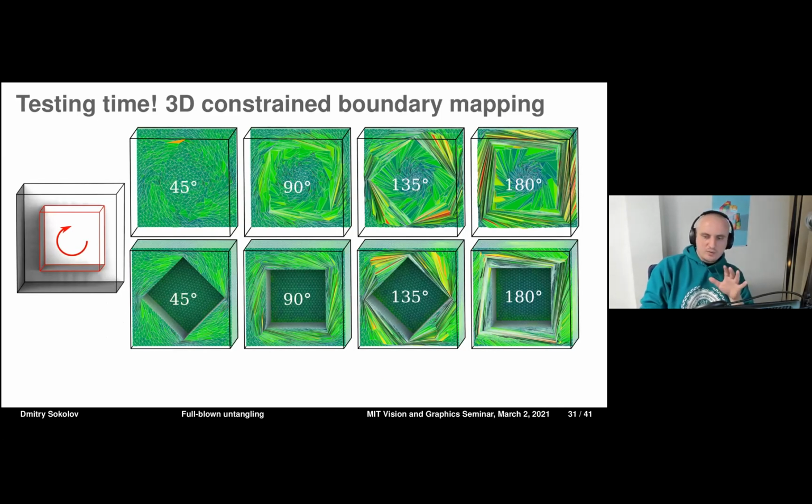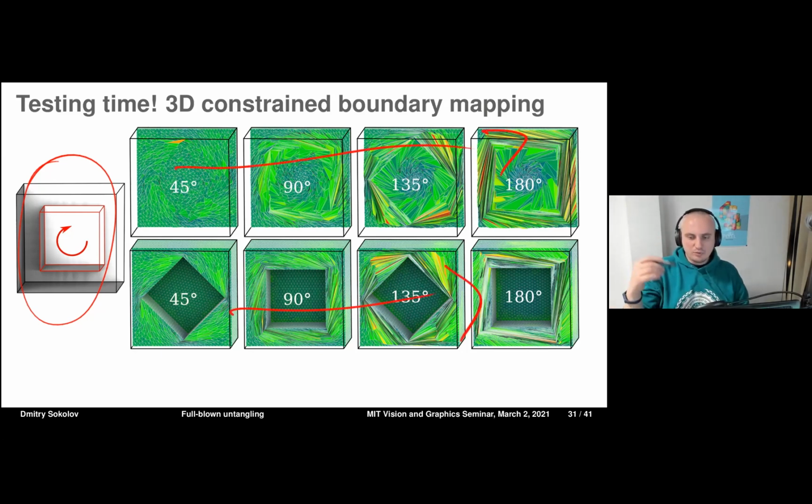This is a constrained boundary injective mapping stress test. We have generated an isotropic tetrahedral mesh of a cube subtracted from a larger cube. And we rotate the inner cube's boundary to test the robustness. Top row and the bottom row correspond to two different slices of the same mesh.